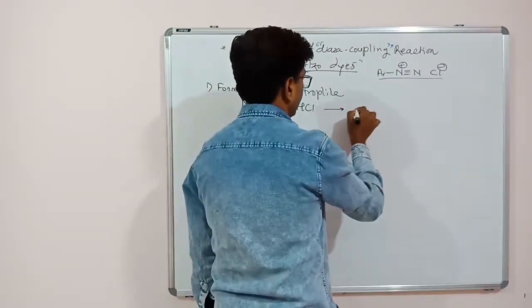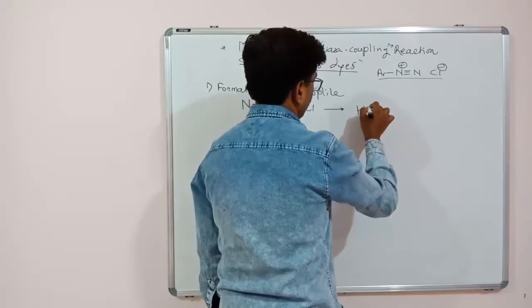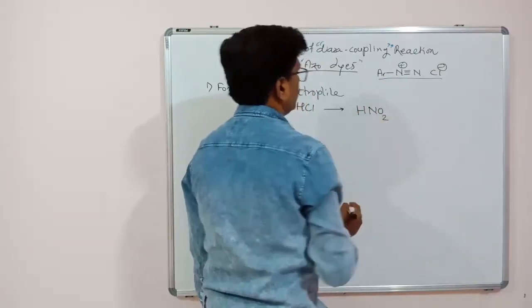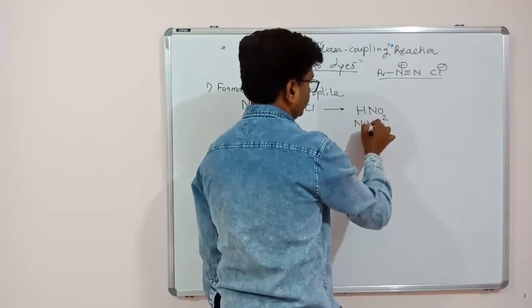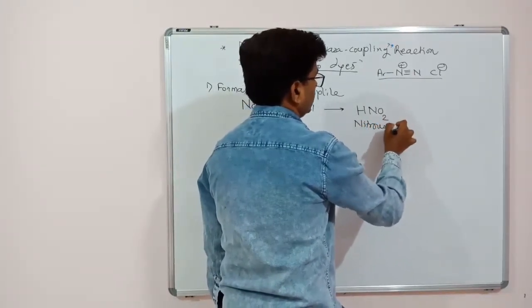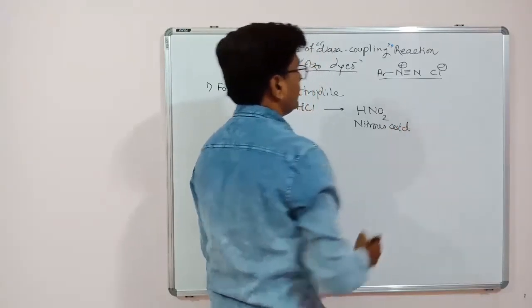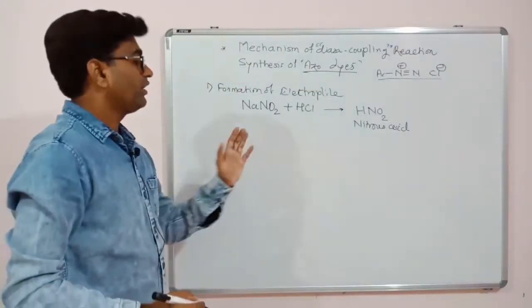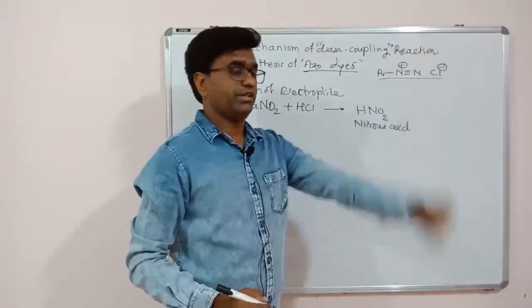It will give us HNO2. This HNO2 is called nitrous acid, and this nitrous acid is very useful to form our diazonium chloride salt.